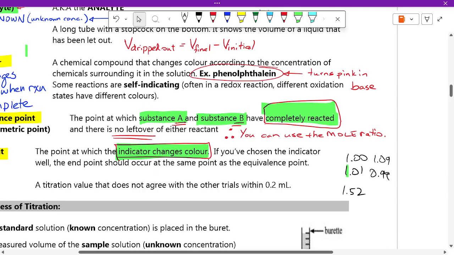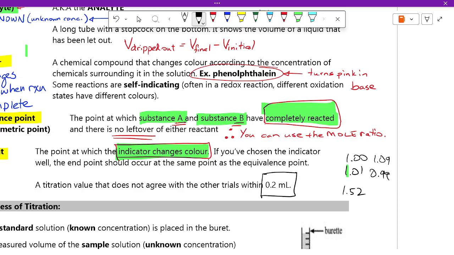Okay, and it is... Usually we actually just look at the volume to find the outlier, so we just don't worry about it in our calculations. And because you will always be titrating the same volume of solution, you can do that, okay? A titration value that falls outside of the 0.2 milliliter range. So these would all be within 0.2 milliliters.